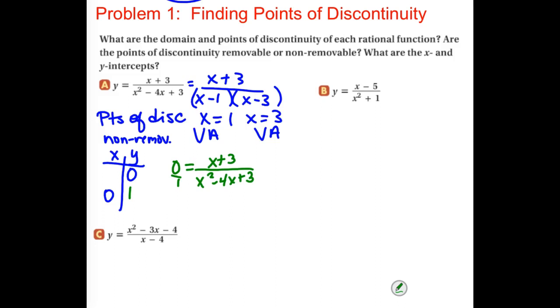It doesn't really matter what that denominator was. When I multiply it to the 0, I'm going to still have 0. So to find the x-intercepts, we are really just saying what makes the numerator 0. Because 0 times this whole denominator is still 0. 1 times my numerator will be my numerator. Okay? So whatever makes the numerator 0 will be your x-intercepts. In this case, our x-intercept would be -3.